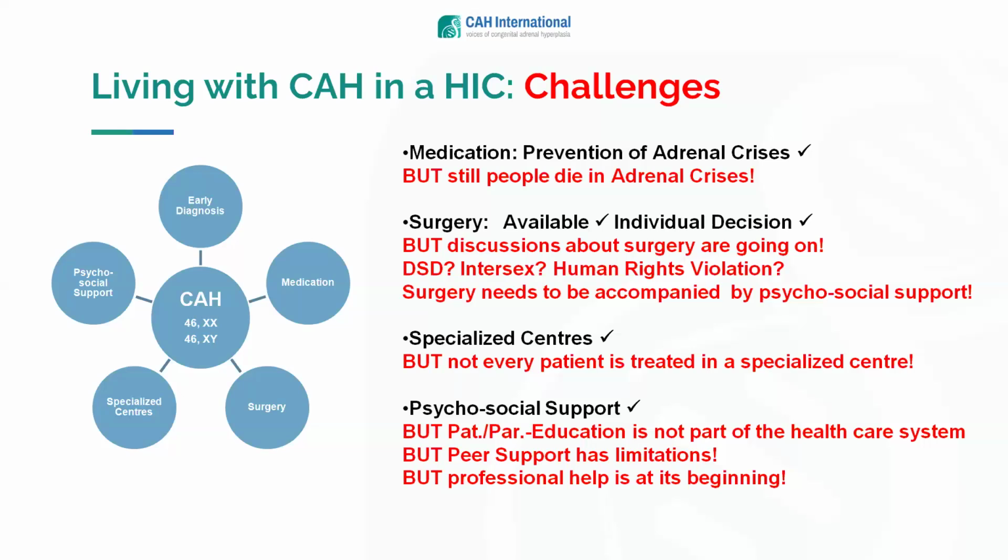So she was on too much fludrocortisone, and yeah, she went to a specialized center, and now it helps. But we do not know, not everybody is maybe treated in specialized centers. And also the psychosocial support has its limitations. Patient and parent education, for example, is not a part of our health system for CAH.